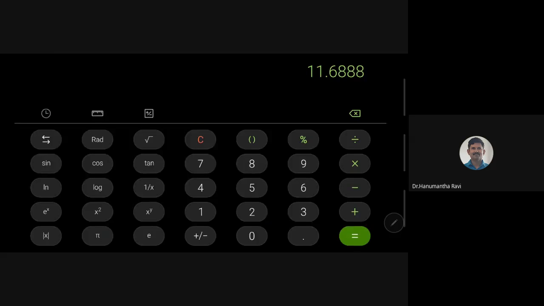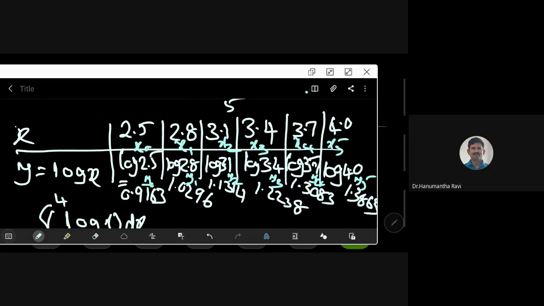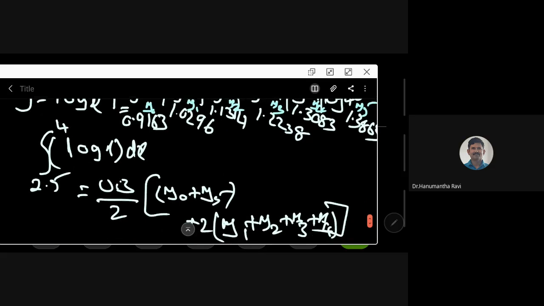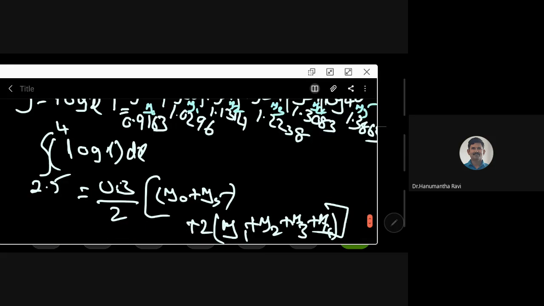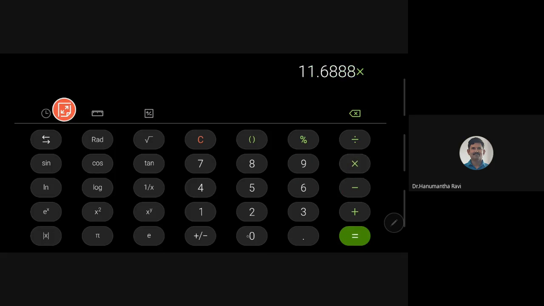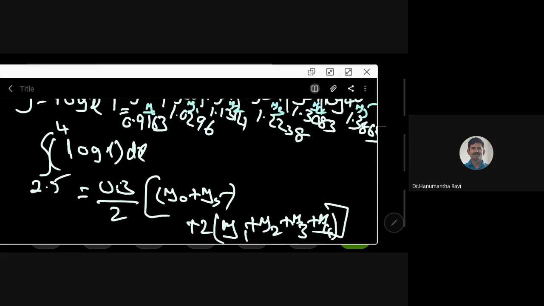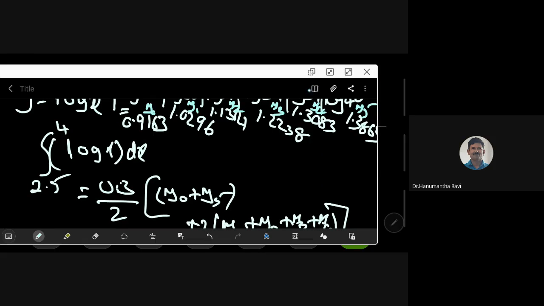Our formula says 0.3 by 2, which is 0.15, to be multiplied by this. So it gives us 1.7533. This will be the answer.